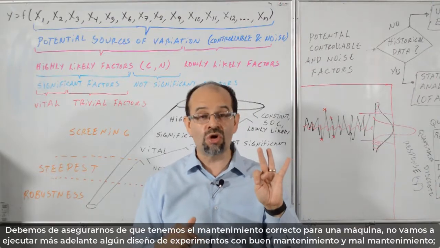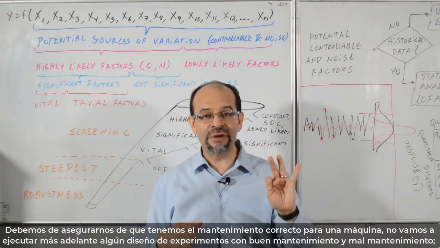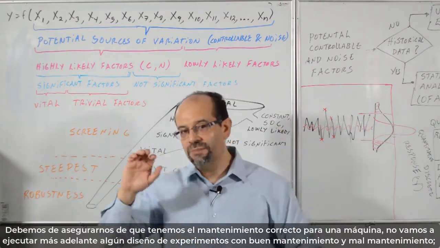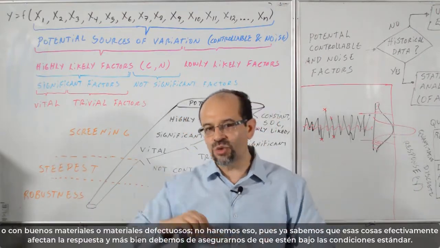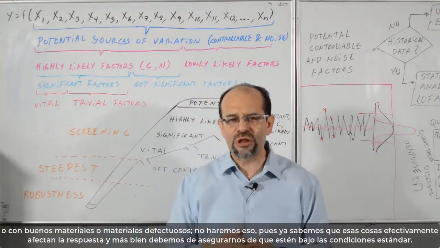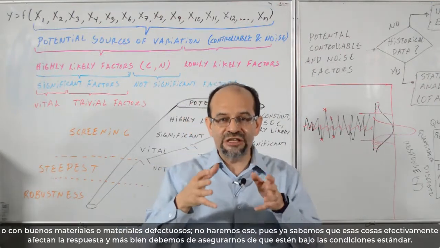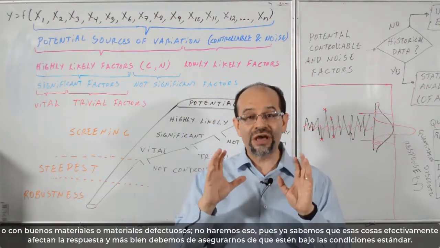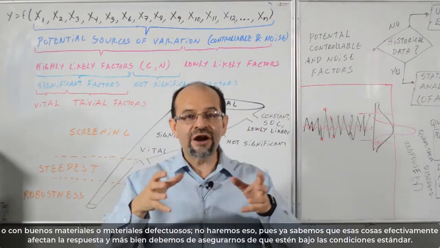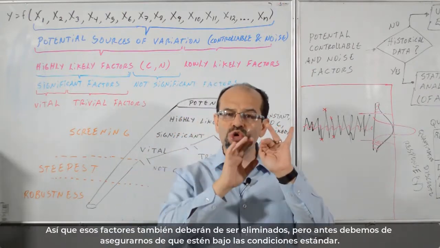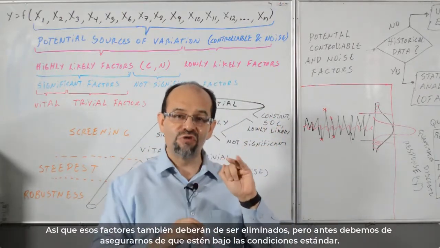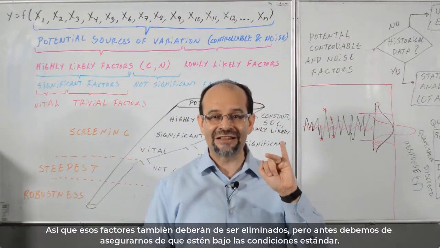We are not going to later run a design of experiment with good maintenance and with bad maintenance, with good raw materials and with bad raw materials. We already know that those things do affect the response, and we have to make sure that they are under the standard conditions. So those also should be discarded. Of course, before that we have to make sure that they are at the standard condition.